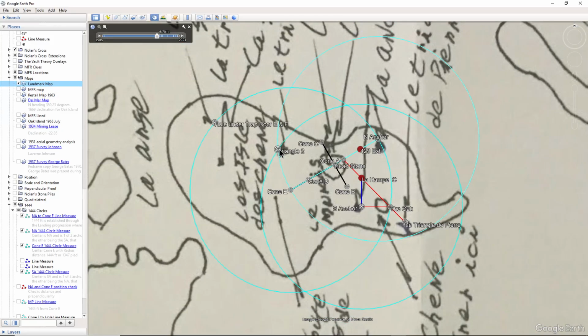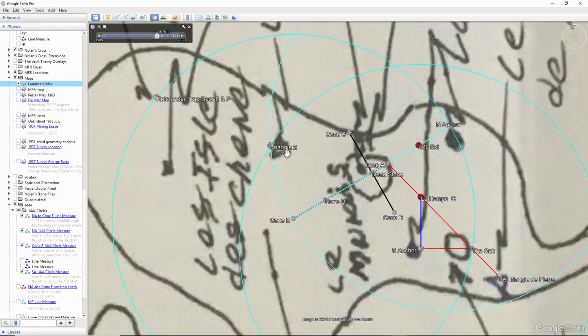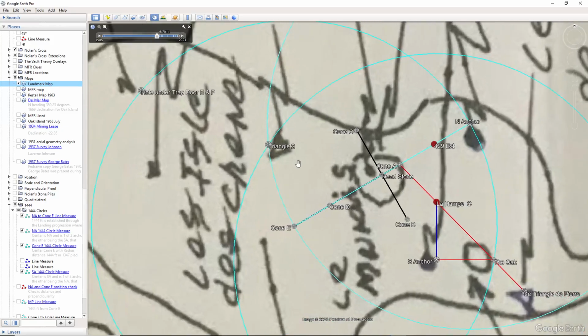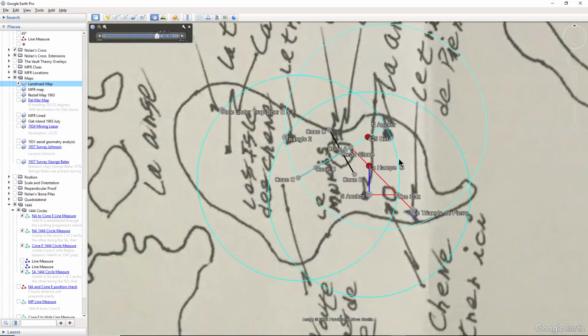And this is where we think that triangle 2 is supposed to be located geometrically on the Zena-Halper map.